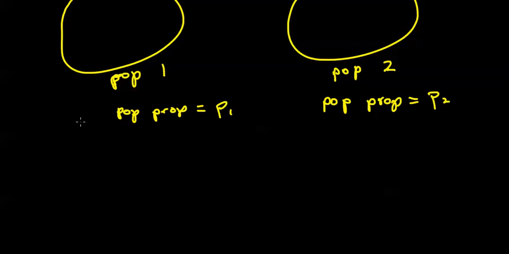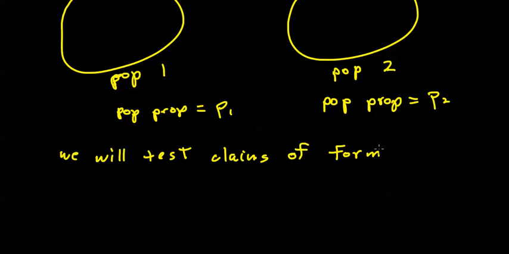So a bit more formally, we will test claims of the form, and the null hypothesis will always be of this form: H sub 0, P1 equals P2.